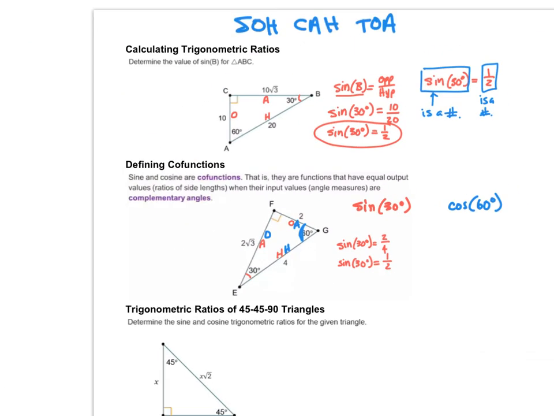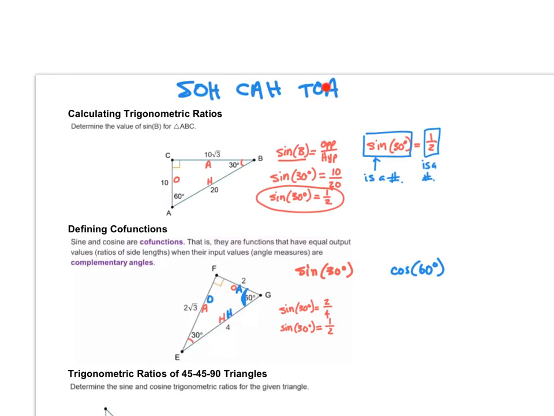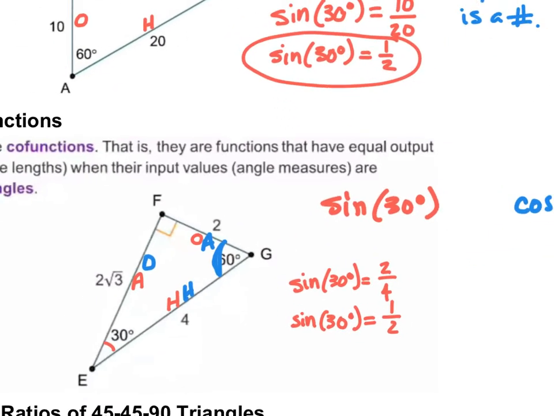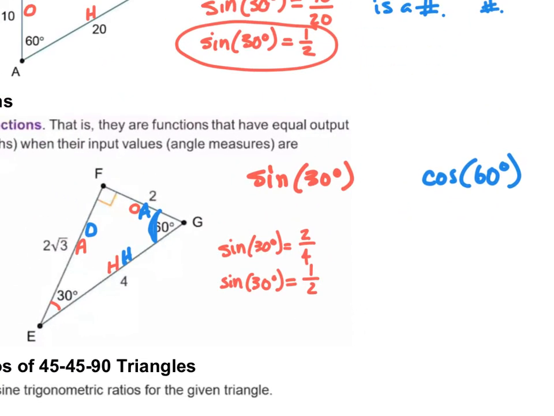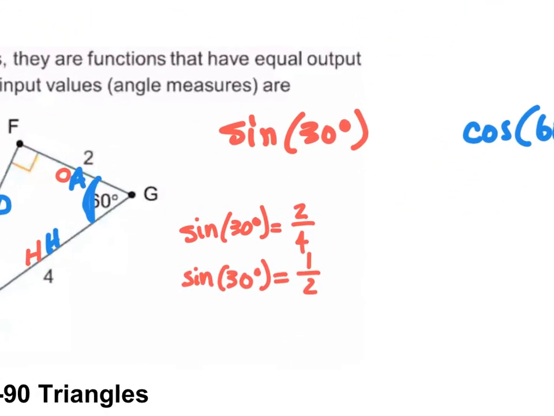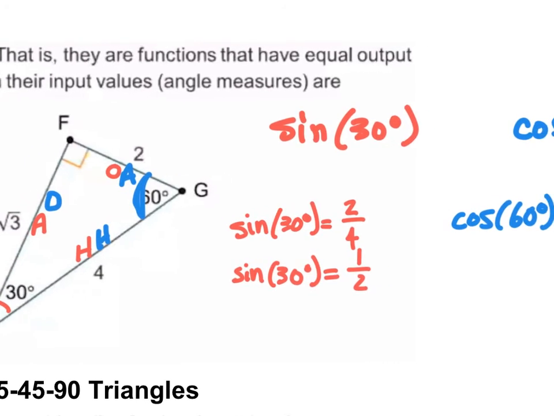Remember SOHCAHTOA: because we are using cosine, I have to use CAH, my adjacent side divided by my hypotenuse. So cosine of 60 degrees equals my adjacent side, which is 2, divided by my hypotenuse, which is 4.